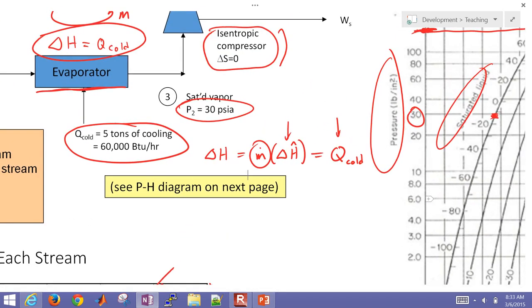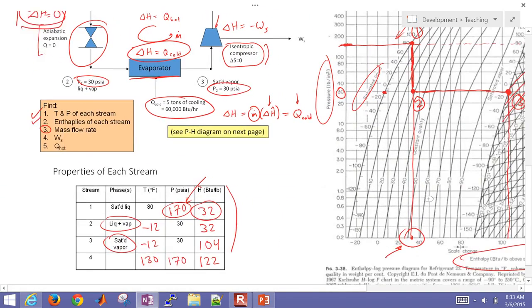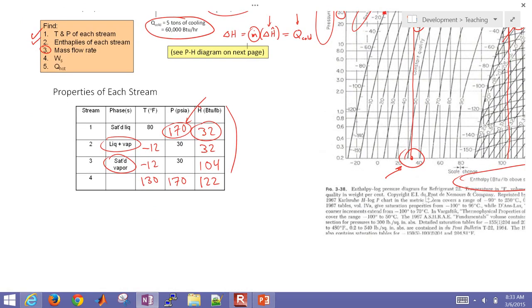Okay, so we can do that calculation. Let's just zoom out here just a little bit. Okay, so we'll go ahead and calculate the mass flow rate of how much is circulating around, and so that is going to be delta H. So I'll just write this out: m dot delta H equals Q cold.